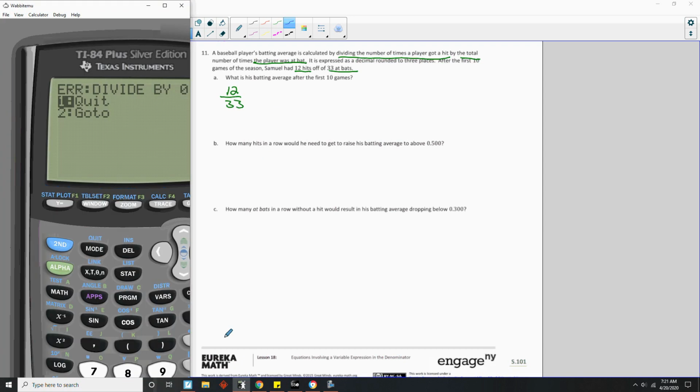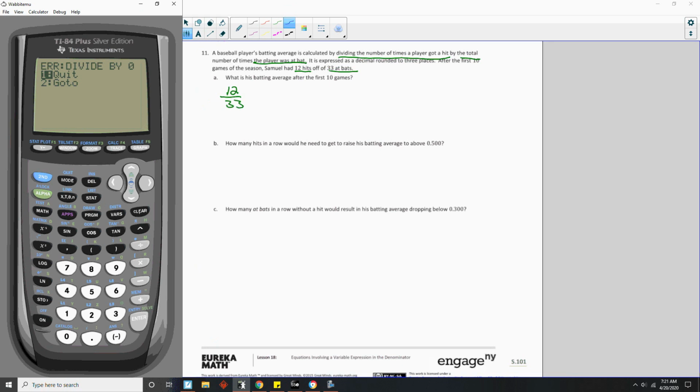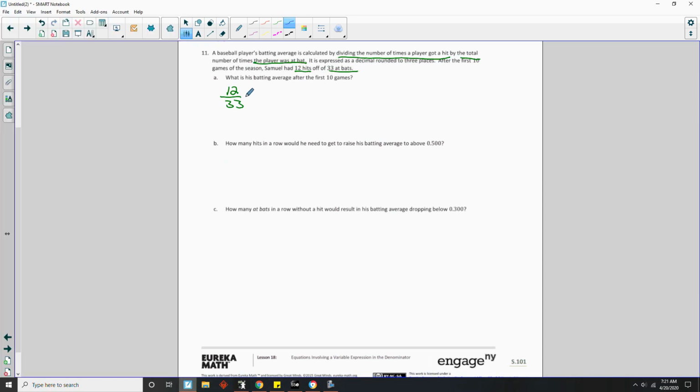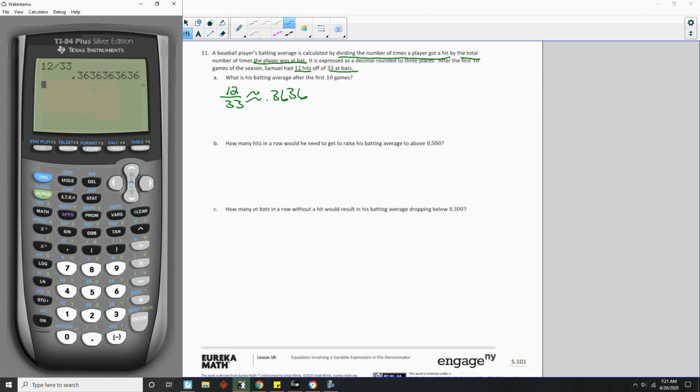Either way, I'll just use the calculator to save time here. So it's 12 divided by 33 equals, and that is an approximation, 0.3636. It's just repeating 36363636.